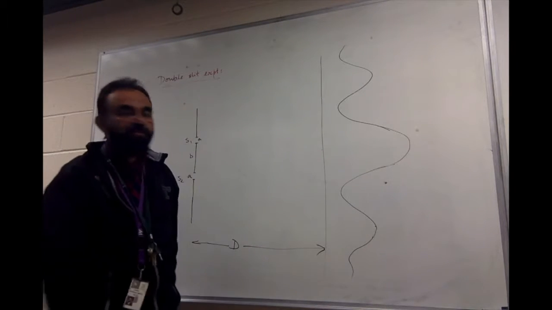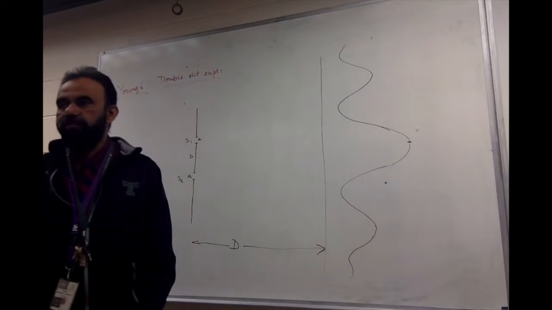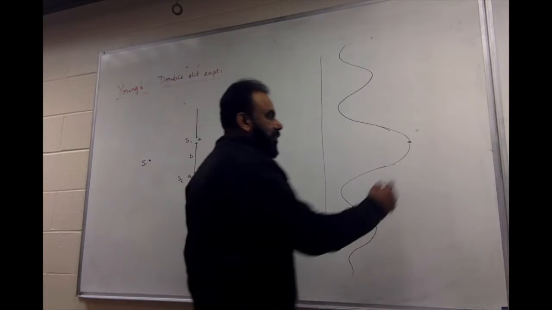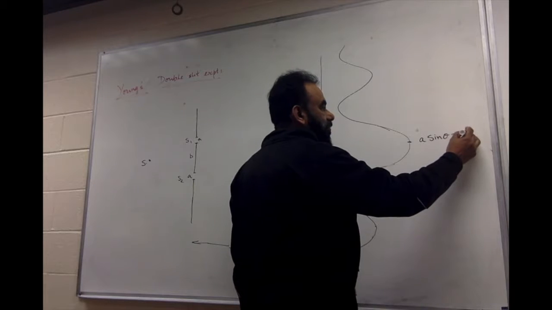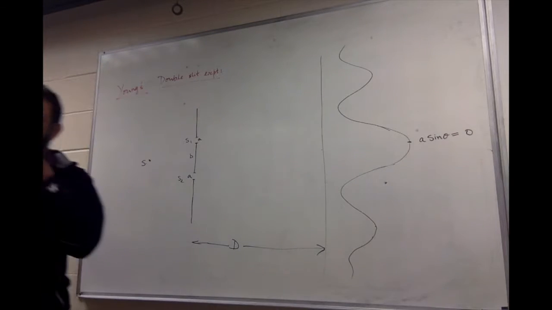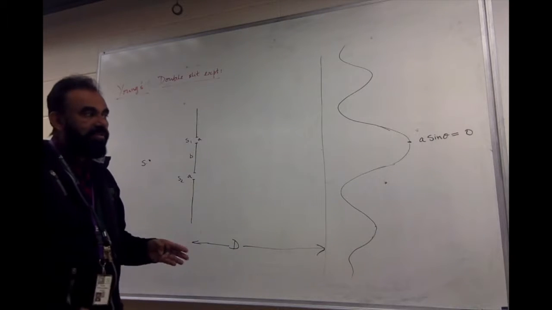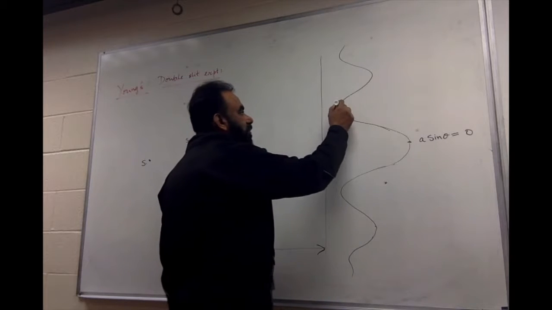What is the condition for this to happen? What's the diffraction condition? A sine theta is equal to 0, right? When A sine theta is equal to 0, you get the central maximum. And what is the condition for this?